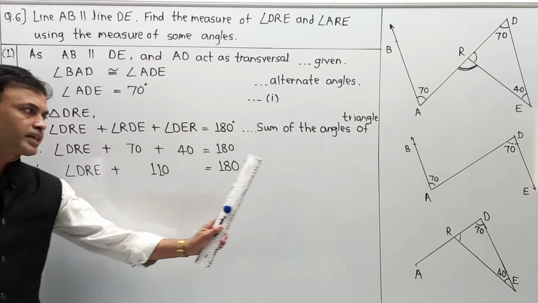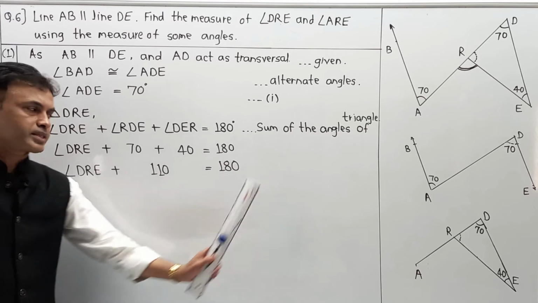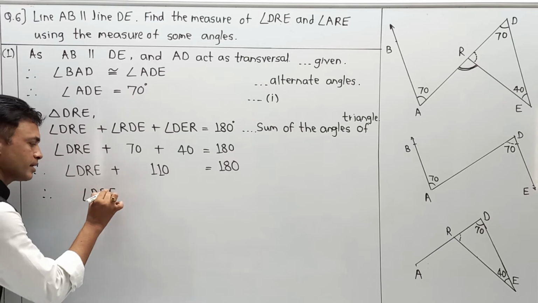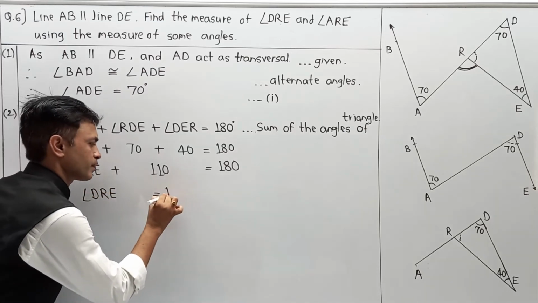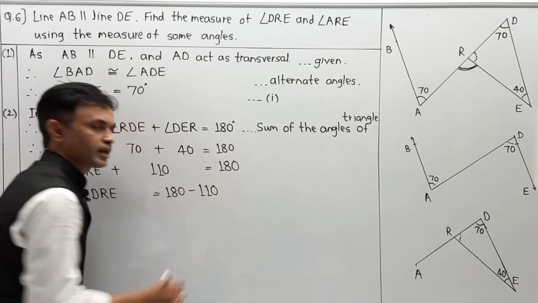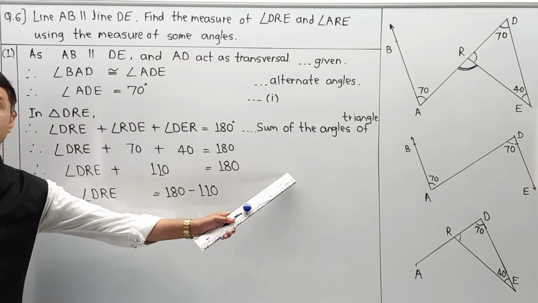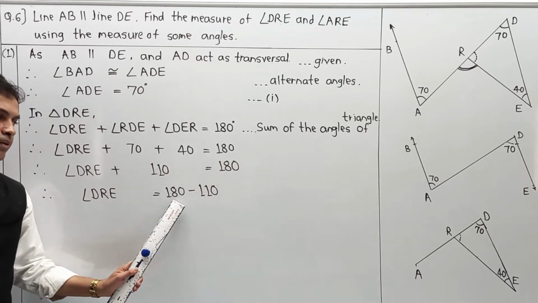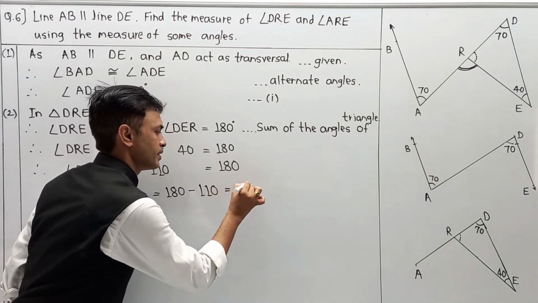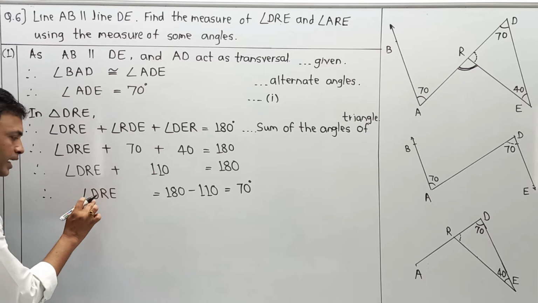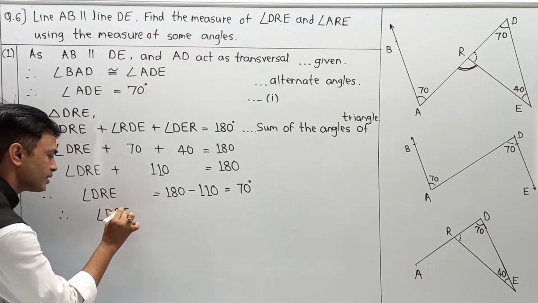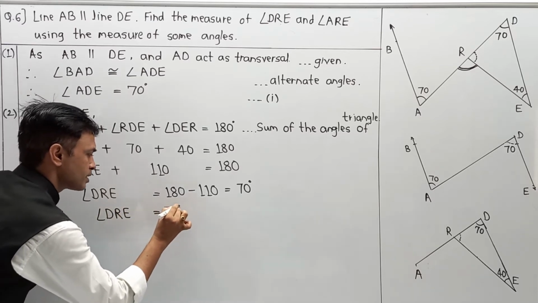Now shifting this 110 to that side, angle DRE is equal to 180 minus 110, and that is nothing but 70 degrees. So you are able to get angle DRE, that is your second answer. Angle DRE is equal to 70 degrees.